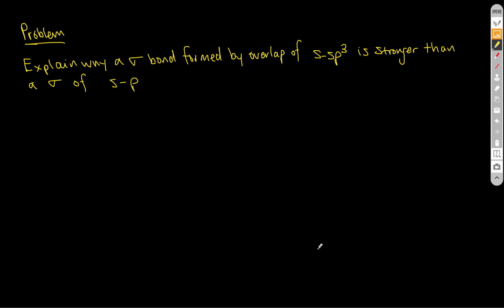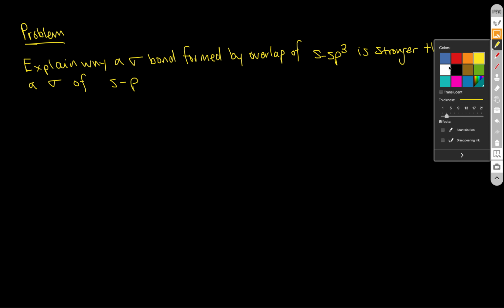So a typical type of problem that you might see would be: explain why a sigma bond formed by overlap with sp3 is stronger than a sigma bond formed with s and p. And there are a few ways that you could answer this.